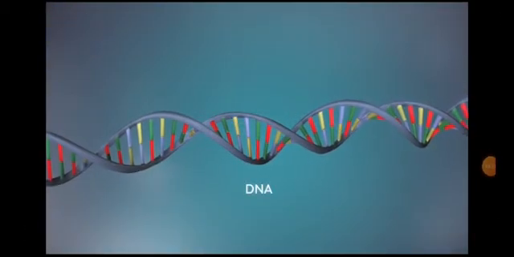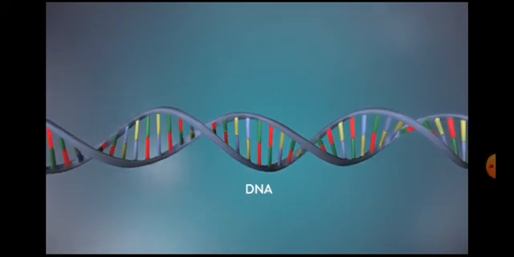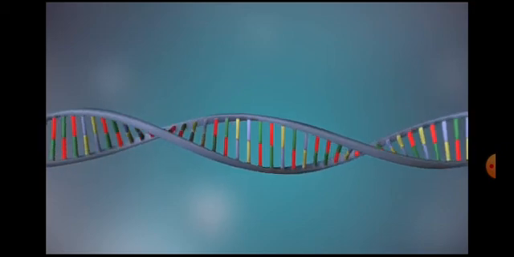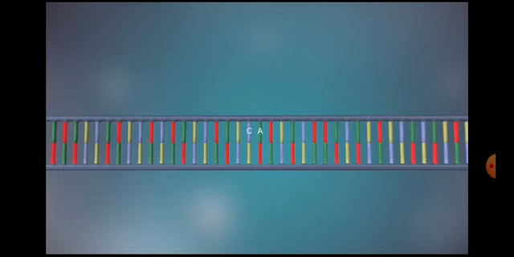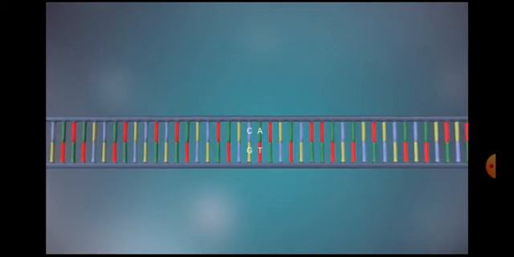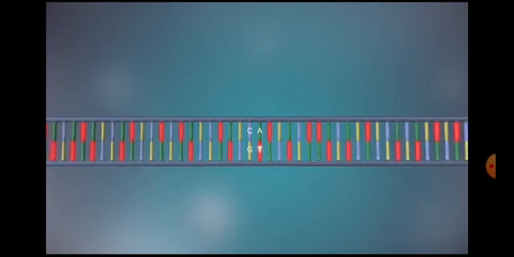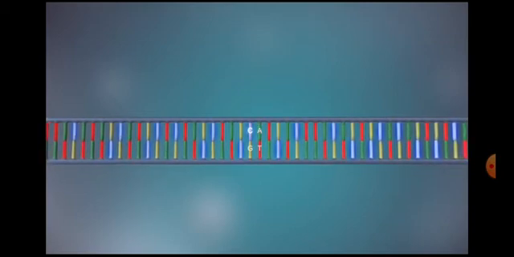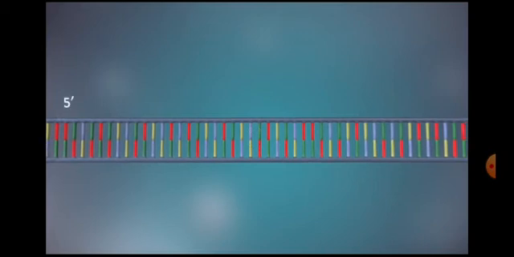DNA is made up of two strands, and this is how the helix looks. You can see there are adenine, guanine, thymine, and cytosine. These two strands are complementary. Wherever there is T, there will be A in the opposite strand, and the same for cytosine and guanine.